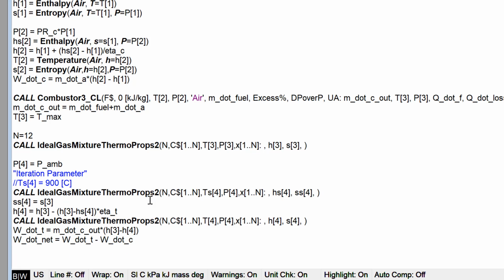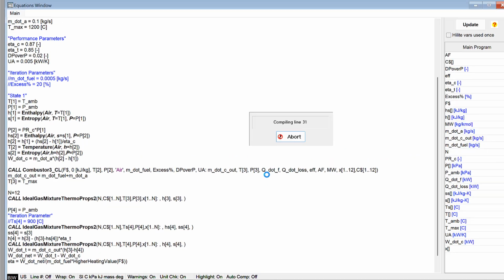And finally, if I want to know the efficiency, eta, this is going to be W dot net divided by m dot fuel multiplied by the higher heating value of the fuel, which I get from the function higher heating value given the fuel. So that should give me the efficiency, I hope.